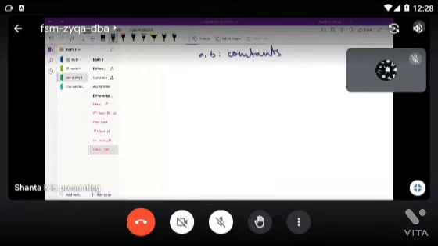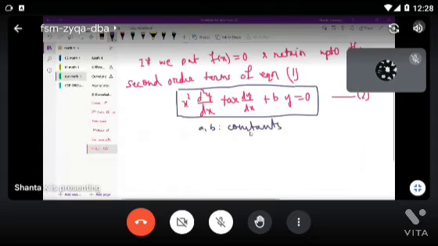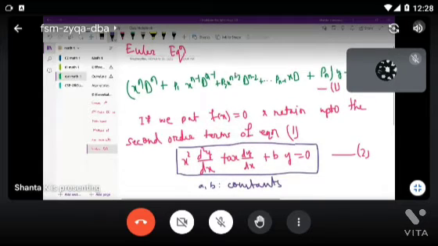So here, linear equations with constant coefficients. The equation 1 is known as Euler equation or Cauchy equation, or sometimes also Euler-Cauchy equation.